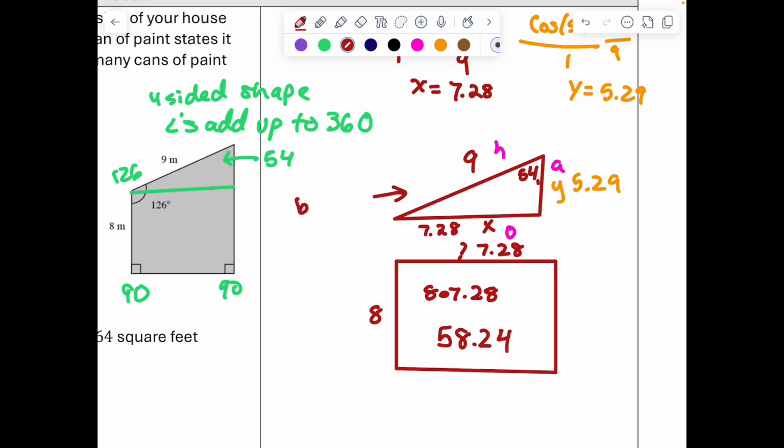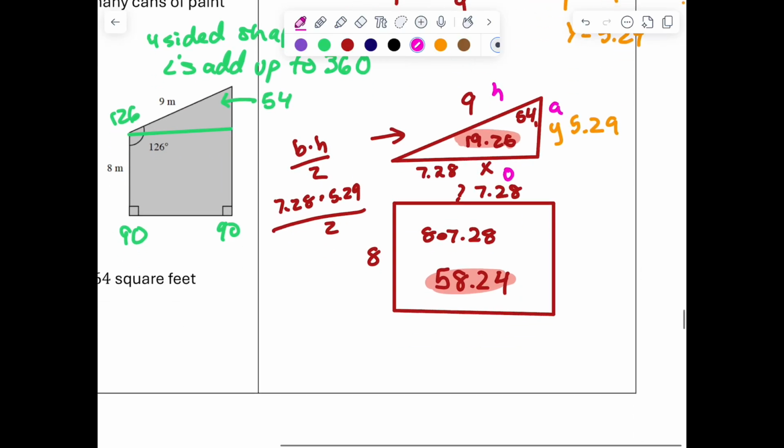And then the area of a triangle is base times height divided by 2. So that's 7.28 times 5.29 divided by 2, which is going to get us 19.26. So these are the areas of them separately.